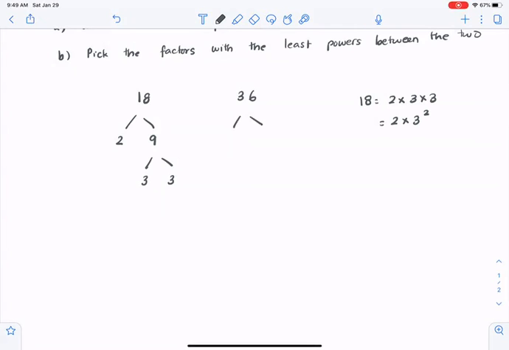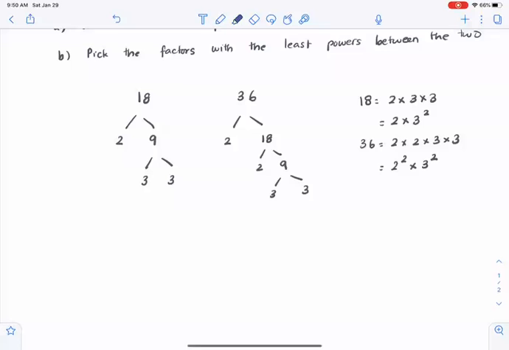Now we move on to 36. So 36, if I pull 2 out, I will have 18. And we go back to the factorization we already have for 18. So 2, 9, 3, and 3. So 36 can be written as 2 times 2 times 3 times 3, which is 2 squared times 3 squared.